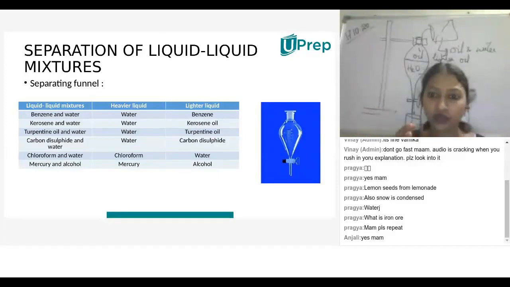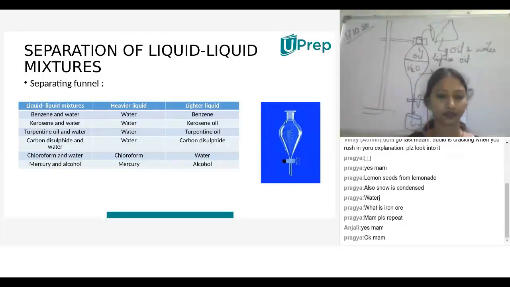Iron ore consists of a large amount of iron and remaining other impurities under the earth crust. So we'll separate the iron from the ore, and we'll take that iron through purification and refining processes. Have you understood? Pragya? Yes.